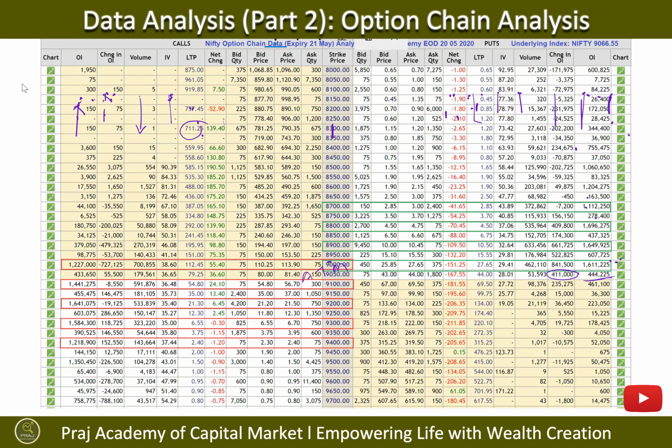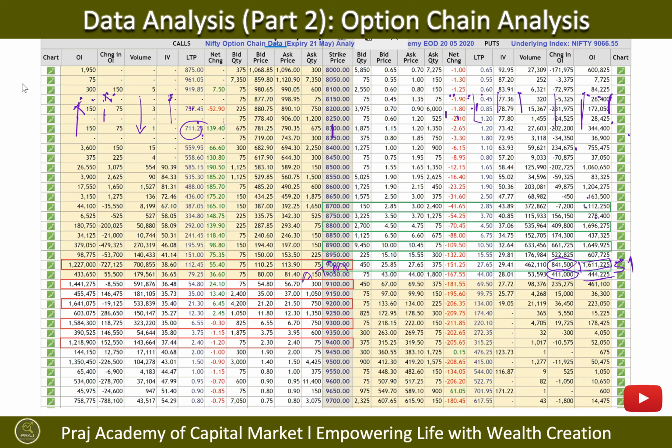So at 9,000, if you see, 8,41,000 contracts built up today. Those are new contracts, and put together that makes a total of 16.11 lakh contracts. So this is going to work as a support 1 level for tomorrow.